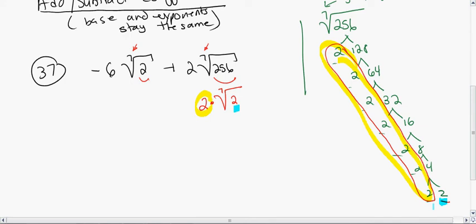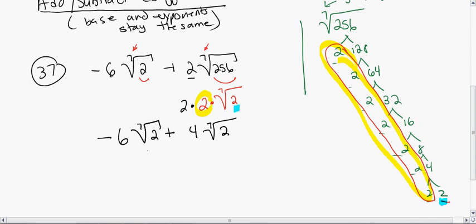I need to be careful that I don't lose anything from the top row. I still have this 2, so let me bring down that 2 and rewrite the right-hand factor. 2 times 2 is 4 times the 7th root of 2, and bring down the first factor on the left-hand side, -6 times the 7th root of 2.